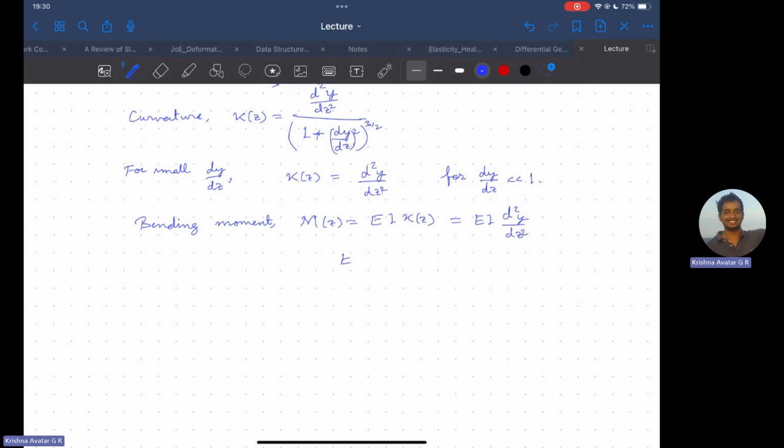And this is what we call the Euler-Bernoulli beam equation. So this is the most fundamental.